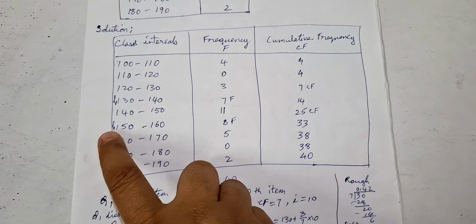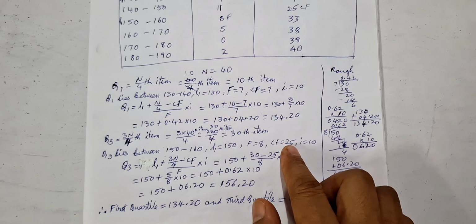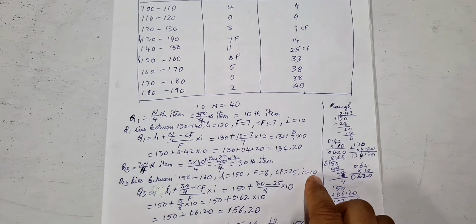So we are giving this 150 as L1 because 150 is the lower limit of the class. Okay. So we can write here Q3 lies between 150 to 160 according to this table. L1 is equal to 150, F is equal to 8, CF is equal to 25, I is equal to 10 because the gap is 10.